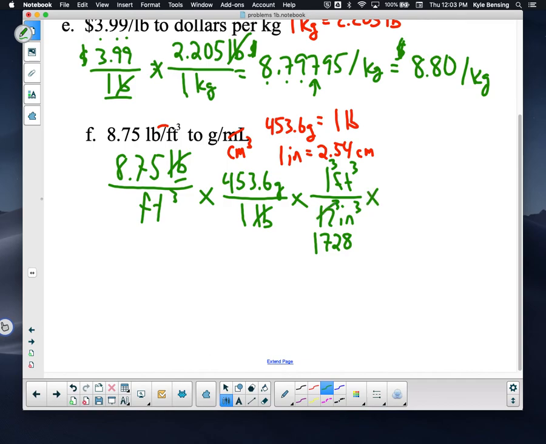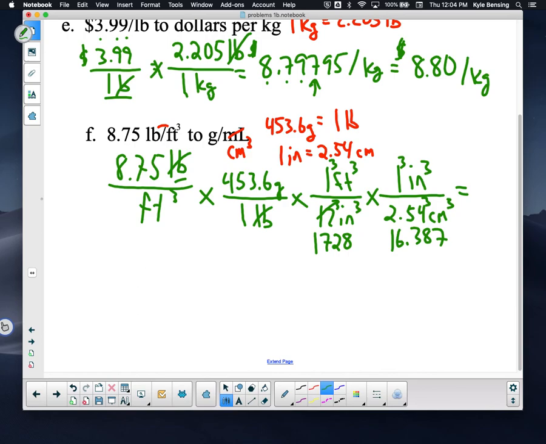And then if I go from cubic feet to cubic inches, I can go from cubic inches, 1 inch over 2.54 centimeters, and I cube that, and I cube that, and that, and that. What is 2.54 cubed? 2.54 cubed is 16.387.